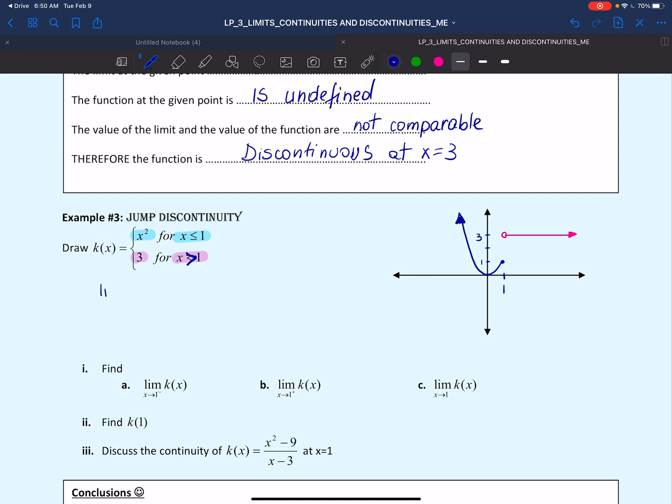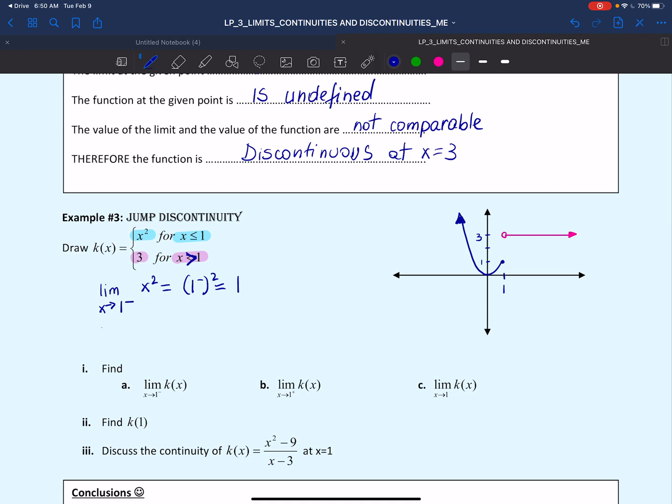So we're going to say that the limit as x approaches 1 from the left, that's where the x values to the left of 1 are in this domain, which means that we have to use the first equation. So that would equal 1 to the power of 2. So that's about 1.